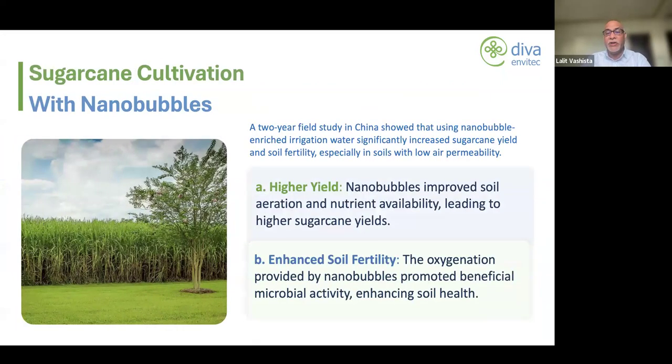Sugarcane cultivation. This is a Chinese sugarcane cultivation. Now we have a pilot running in the north of India, where we are going to be showcasing our nanobubble generator. We are working on a 10-hectare sugarcane plantation, and this farming community has more than 1,000 hectares.